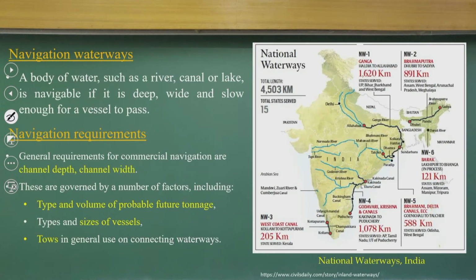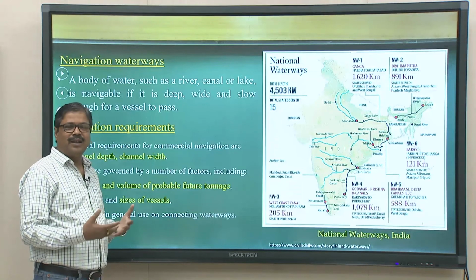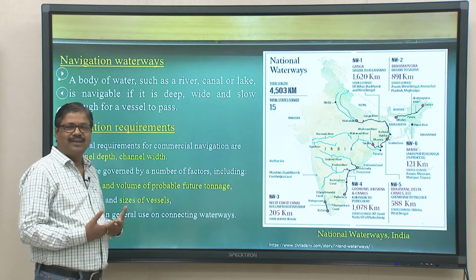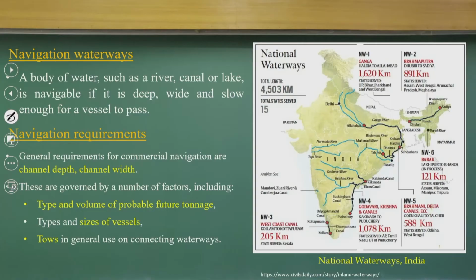Okay, let us come to a very interesting topic. What we are talking about is national waterways. You all know about national highways. In a similar way we have national waterways. It starts from National Waterway 1, the Ganga river from Haldia to Allahabad.